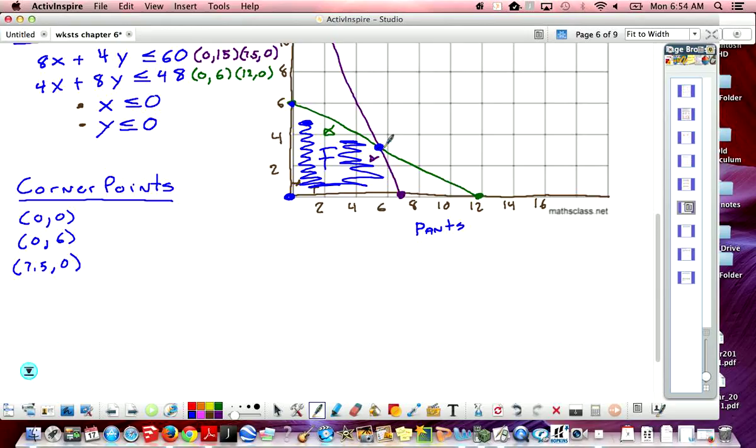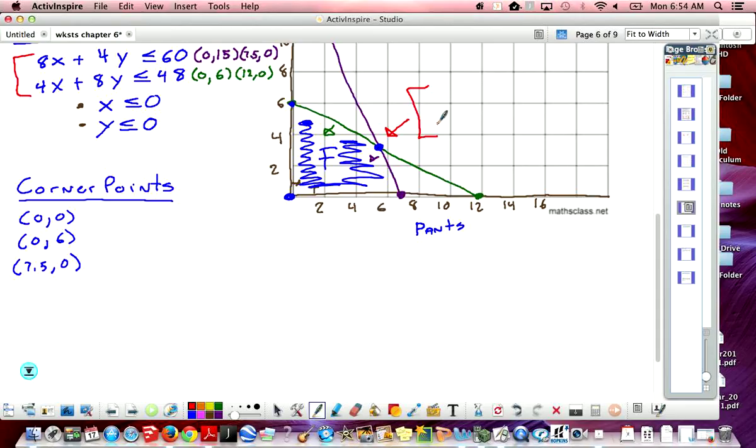Well, that's the intersection of my 2 constraints. So as we saw a couple of units ago, we could use matrices to figure this one out because it's the intersection of those 2 inequalities or those 2 lines.